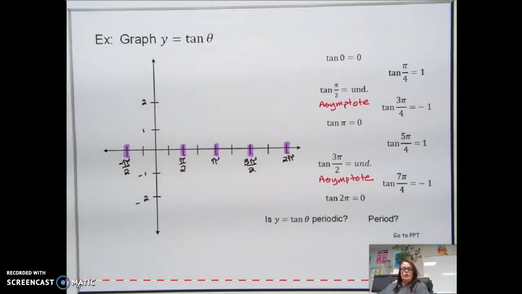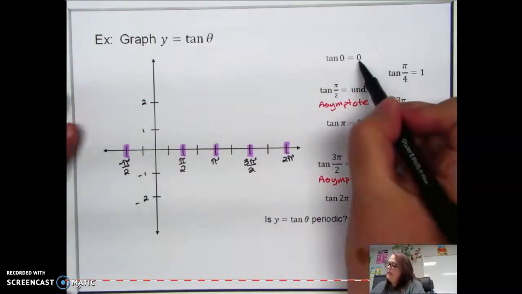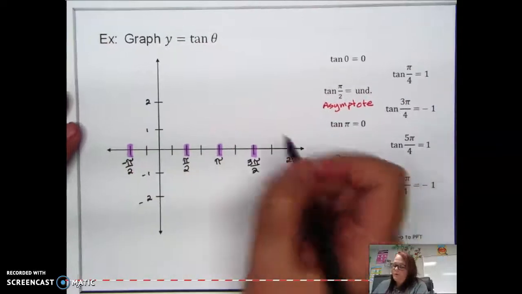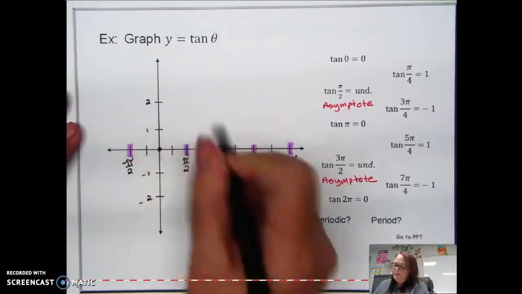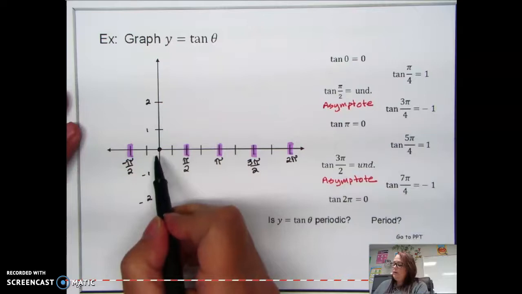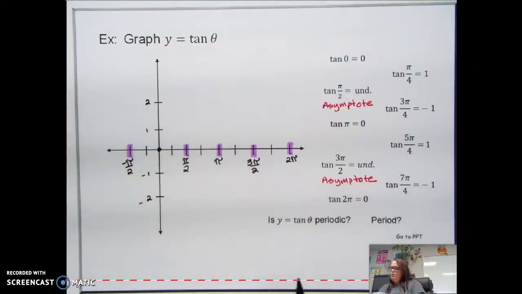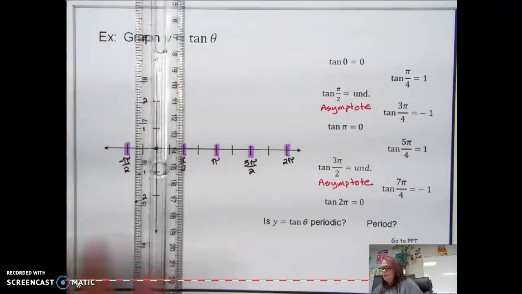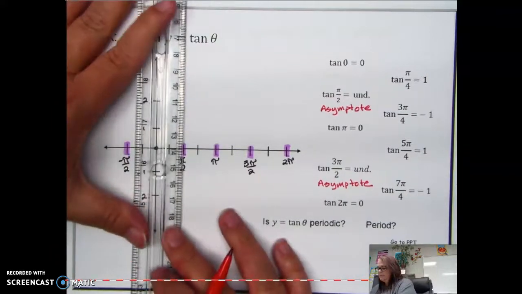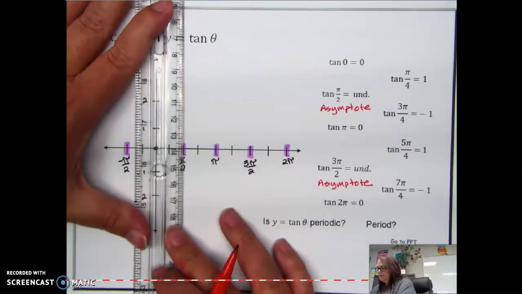Okay, so as I read this, this is saying that the tangent of 0 is equal to 0, so that means that I have the origin to start with. Then I have an asymptote at pi over 2, so I'll do that in red. Make sure I'm lined up nicely.